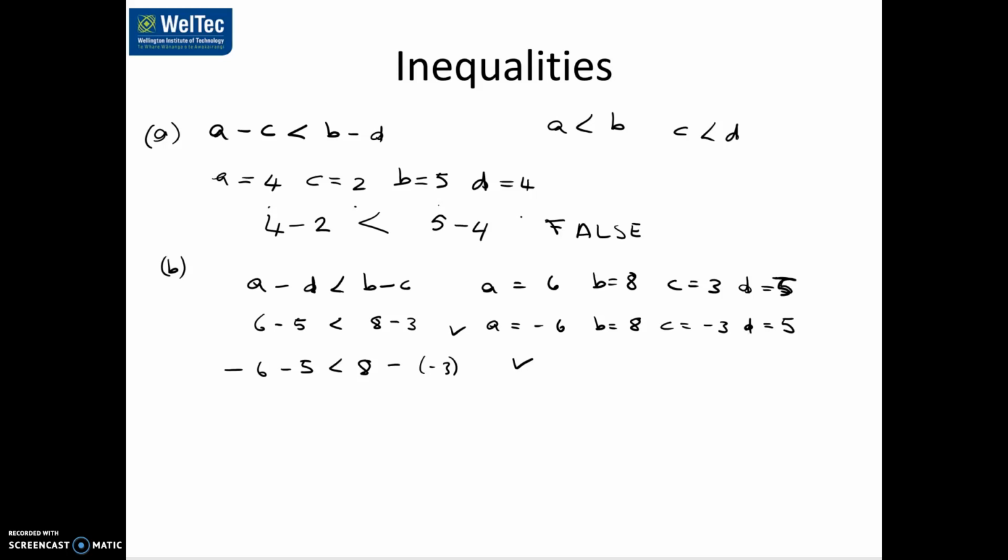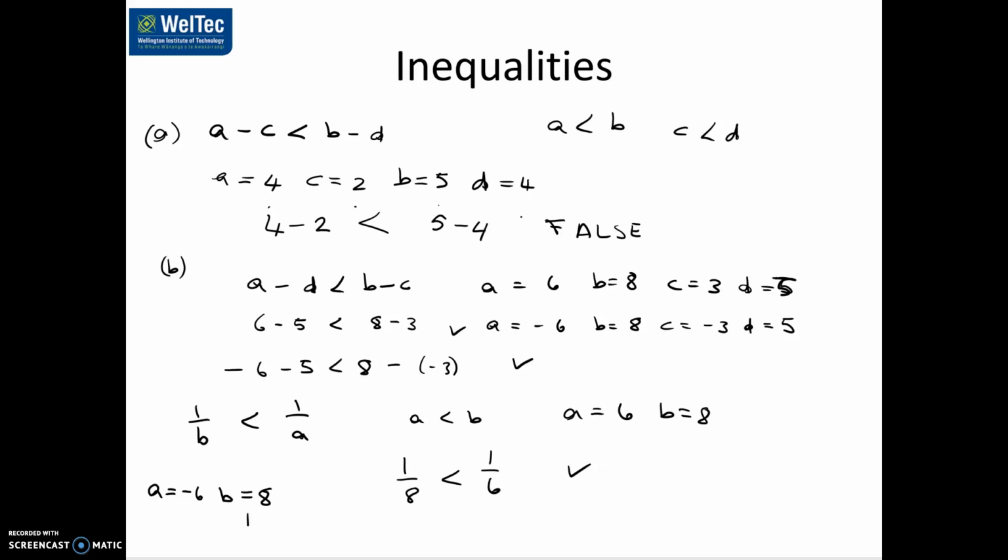Now 1 over B less than 1 over A, where A is less than B. Okay, so let's choose A equals 6 and B equals 8. Is this true? Is 1 over 8 less than 1 over 6? And the answer is yes. So it's true for the positives. What if we have A equals negative 6 and B equals 8?